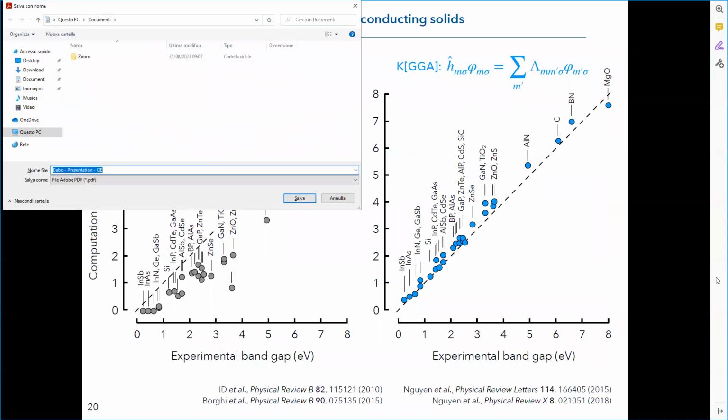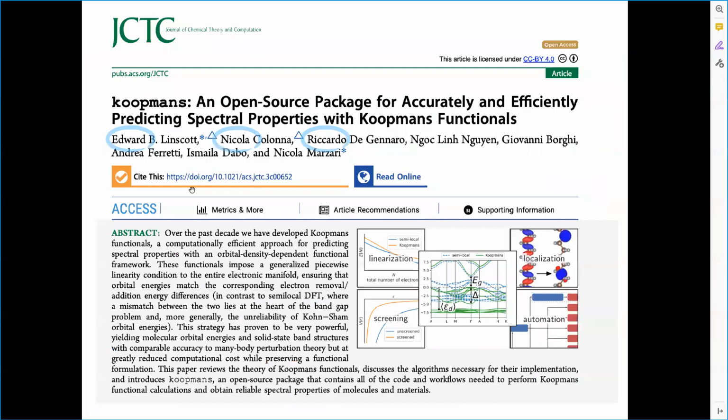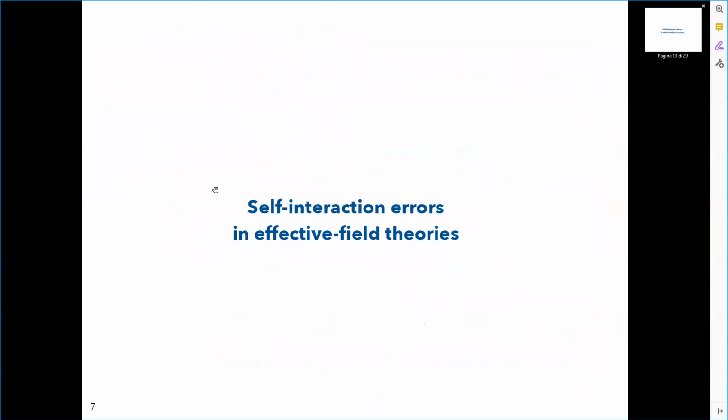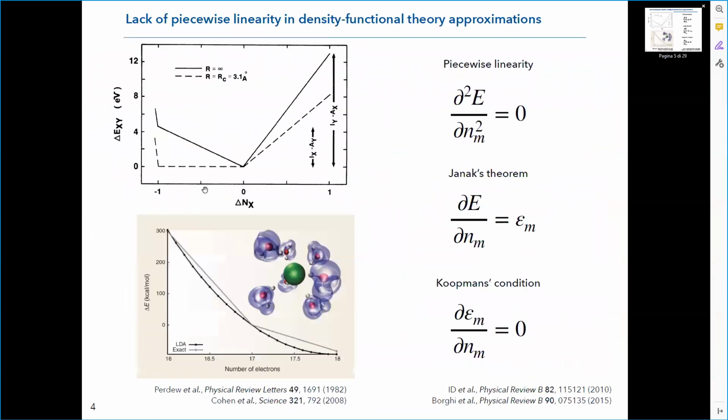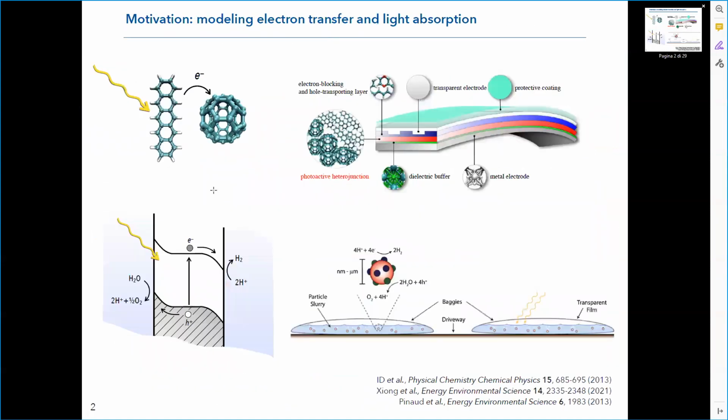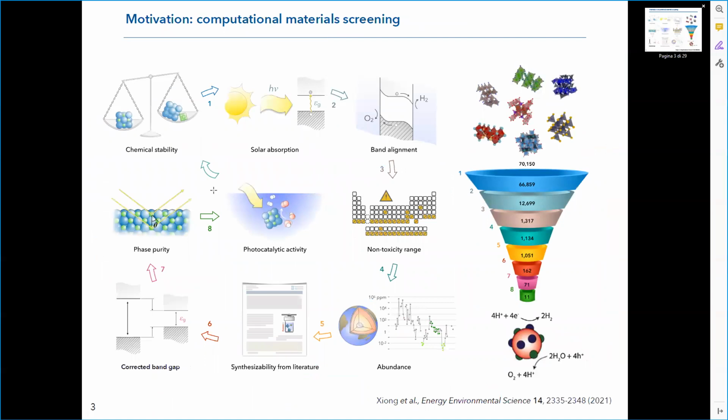Absolutely, yeah, I'd be very happy to. Let me see. Yeah, it's an 8-step process. So the first 3 are really computational. So we check chemical stability. Here we do a DFT calculation, with no correction, but we rescale the criteria.